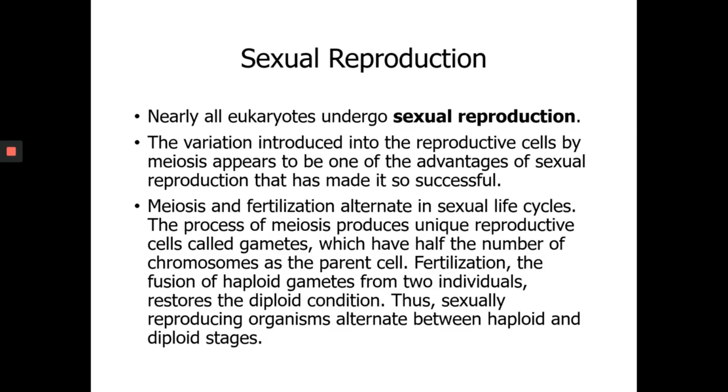So, sexual reproduction. Nearly all eukaryotes undergo sexual reproduction. And why is that? Because it's a very successful strategy to generate favorable traits so that the organism can survive and reproduce better in an ever-changing environment. We mentioned this a little bit at the beginning of the lecture.